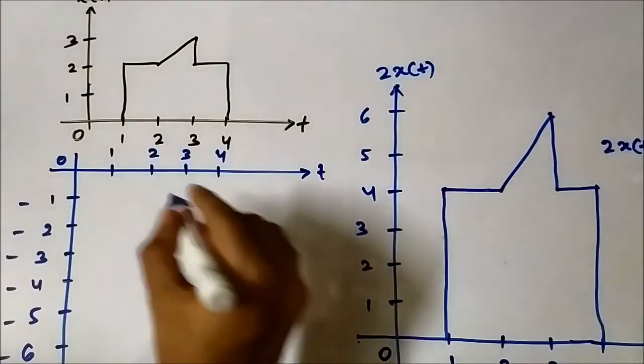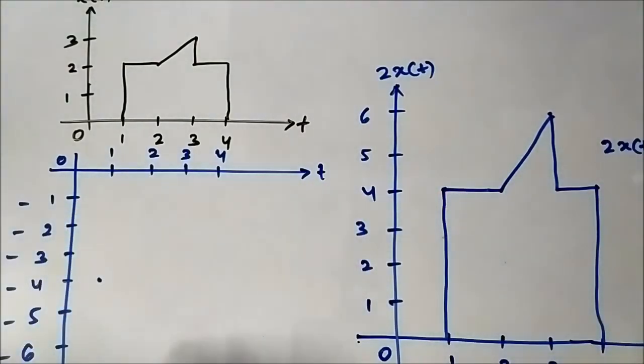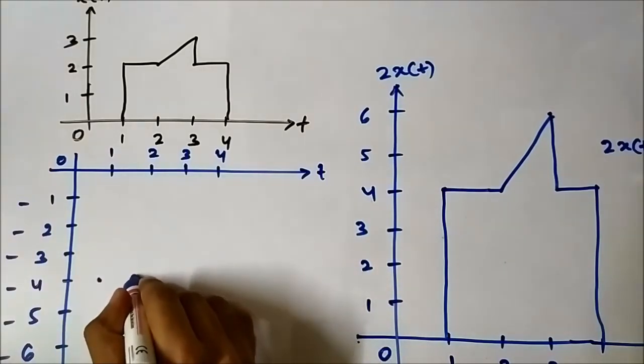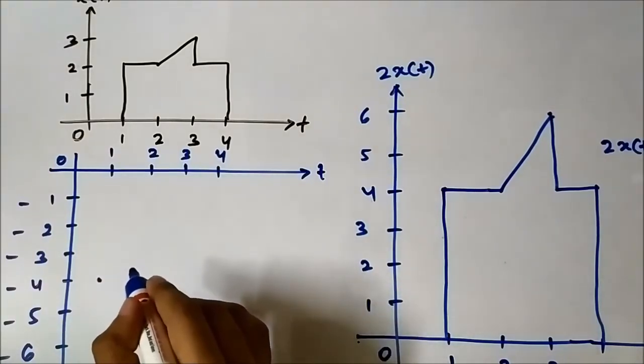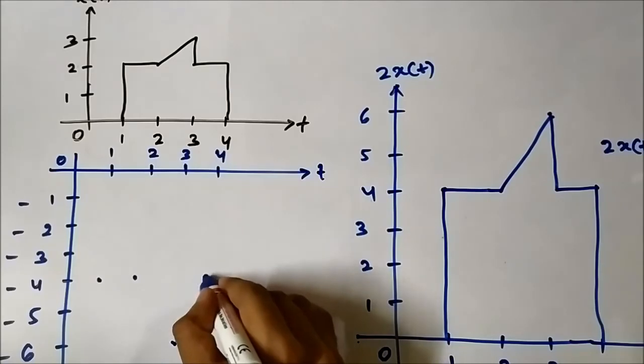So the same here, it would be minus 4, then at 2 it is again minus 4, at 3 it is 6, it will be minus 6, at 4 it is again 2.